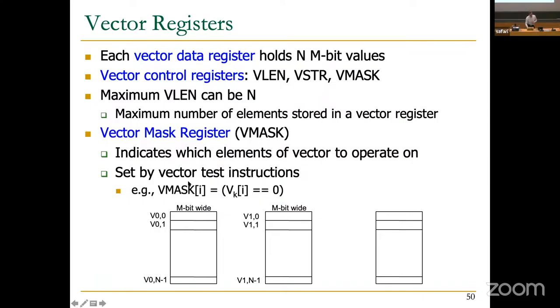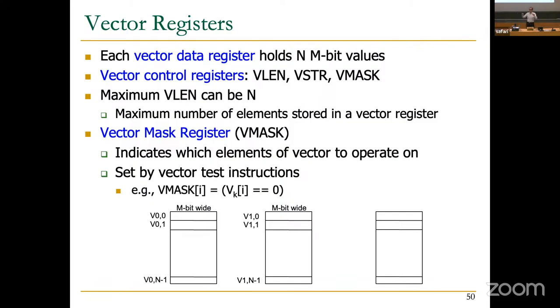For example, here we set every element of the vector mask by comparing every element of a vector register k to 0. Now, what is the result of this operation? If element i of vector register k is equal to 0, then element i of the vector mask is set to 1. Otherwise, it's set to 0. Okay?